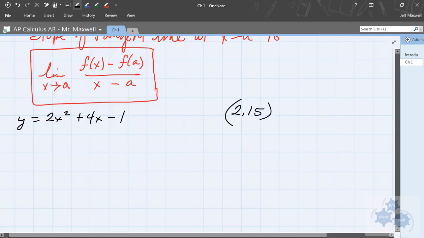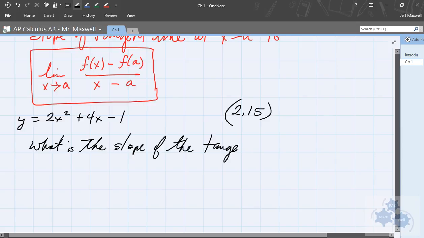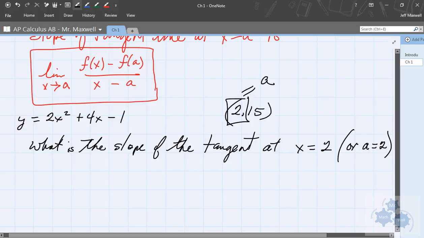And I want to know what is the slope of the tangent. So what's the slope of the tangent at x equals 2? Now remember that this x value in question is actually equal to a. Okay, that's our a value.